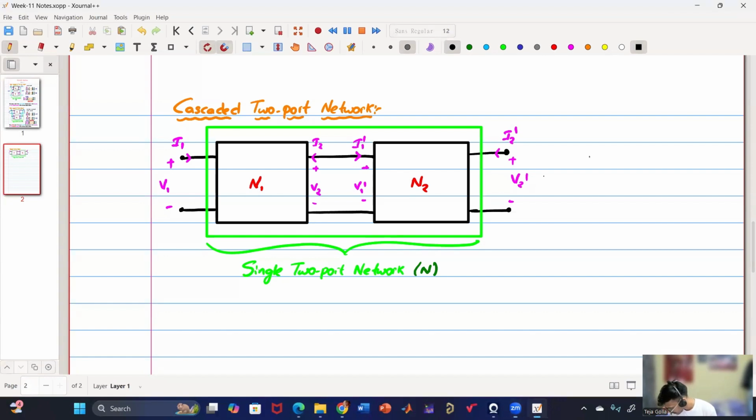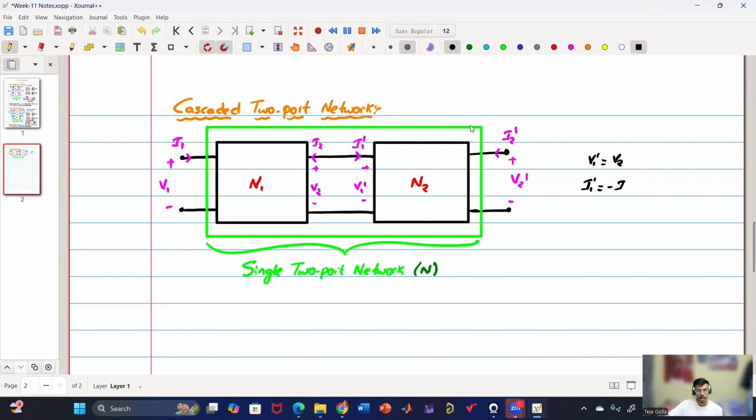So we have V1 dash equals V2, and then I2 equals I1 dash. Nandini is saying I2 equals I1 dash. Is that correct? What about others? Minus I1 dash. Yes, I2 equals minus I1 dash, or I1 dash equals minus I2.